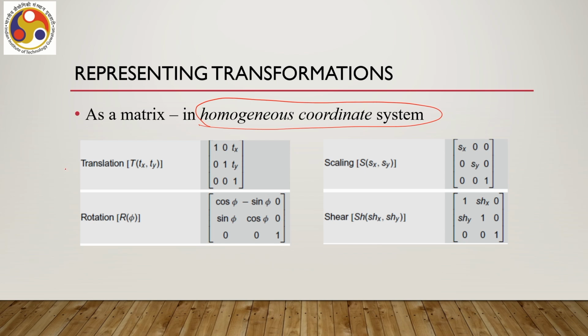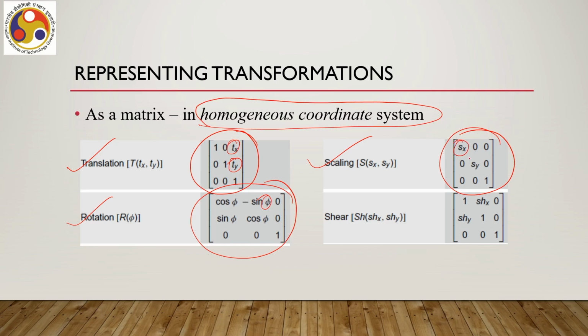So, for example, for translation, we can have this 3 by 3 matrix for 2D translation, where Tx and Ty are the amount of translations along the x and y direction. For rotation in 2D, we have this 3 by 3 matrix, phi is the angle of rotation. Scaling in 2D, we can have this 3 by 3 matrix where Sx and Sy are scaling factors along the x and y direction.